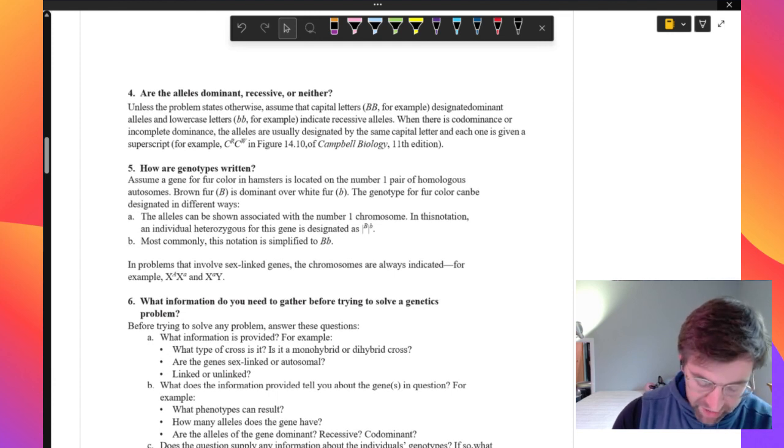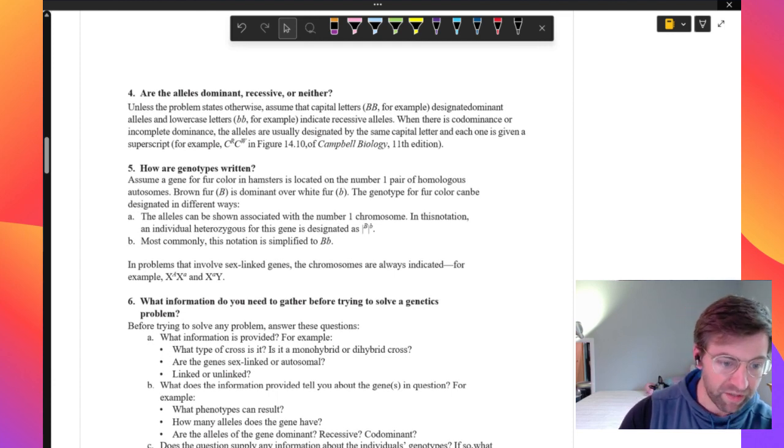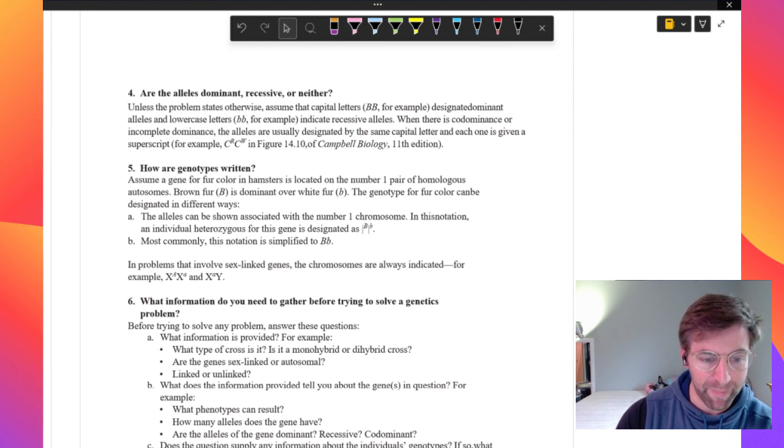Are the alleles dominant, recessive, or neither? Unless the problem states otherwise, assume that capital letters, big B, for example, designate dominant alleles, and lowercase letters, little b, for example, indicate recessive alleles. When there is codominance or incomplete dominance, it's important to know the distinction between those. The alleles are usually designated by the same capital letter, and each one is given a superscript.